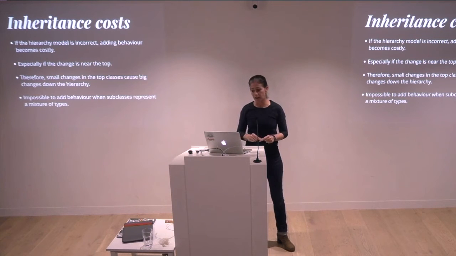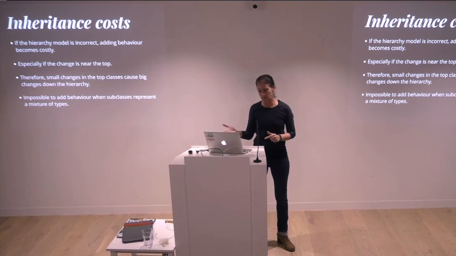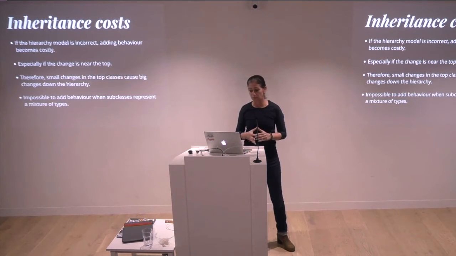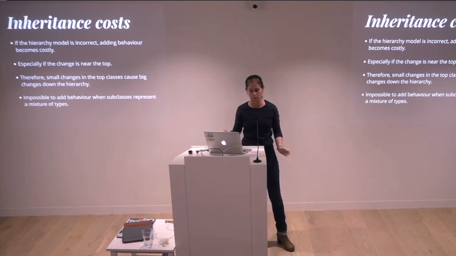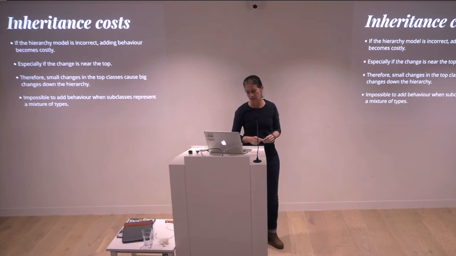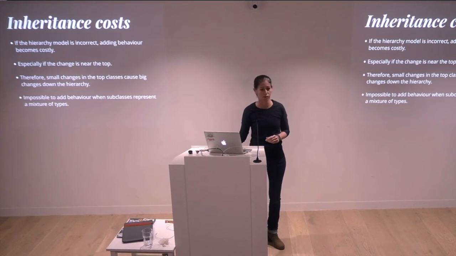We also have a very high cost of making changes near the top to an incorrectly modeled hierarchy. Small changes at the top cause big changes down the hierarchy, which sometimes you don't know what they're going to cause. And it's impossible to hide behavior when new subclasses represent a mixture of types.